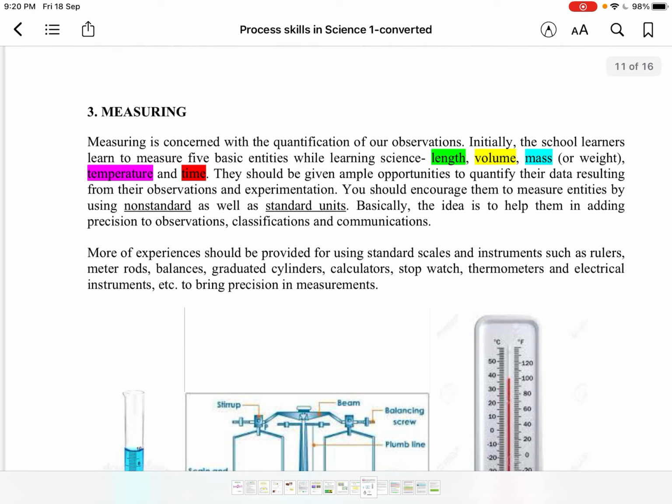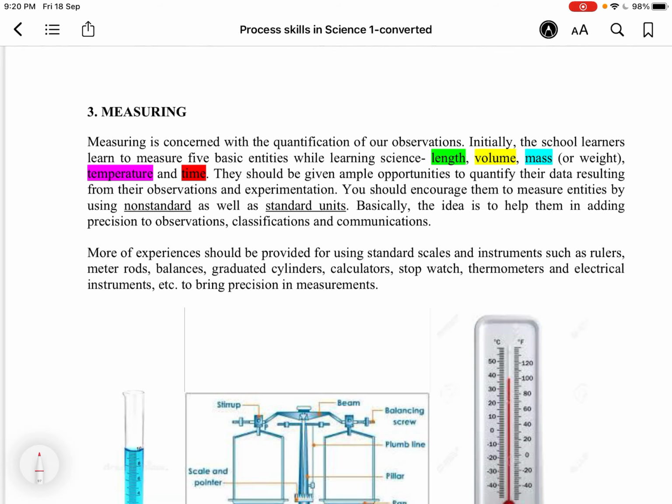In our school days, if we recollect our past activities, we must have made use of various types of devices to measure certain objects or activities, to measure their length, volume, mass, temperature, or time.